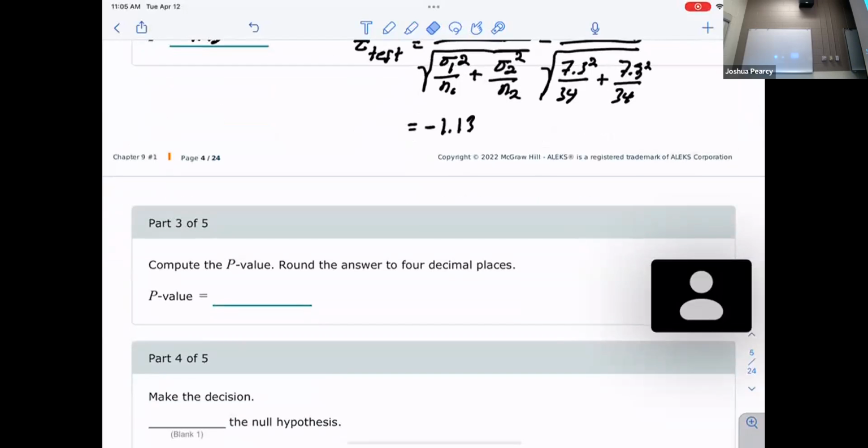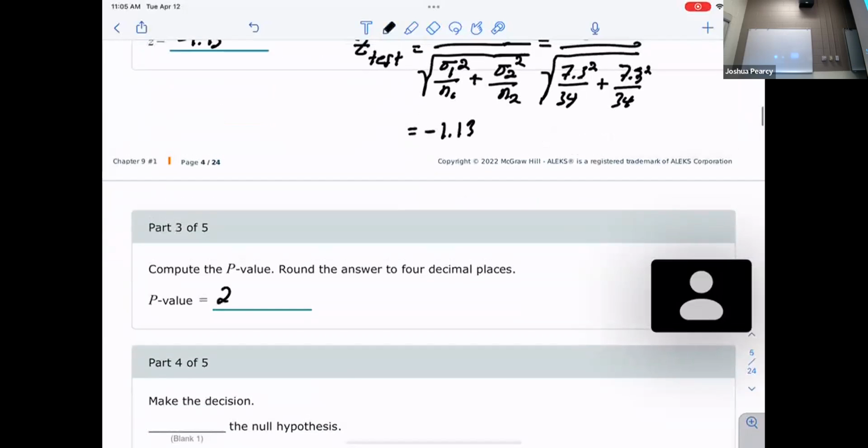Then the p-value is equal to 2 times the probability of z being less than negative 1.13. That would be 2 times whatever that is. Negative 1.13 gives 0.1292.